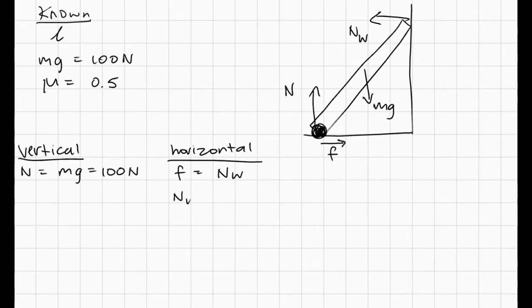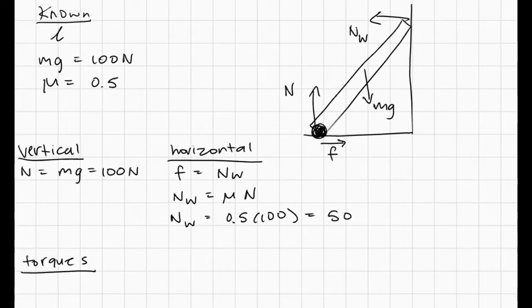So the normal force from the wall will be the coefficient of friction times the normal force, because that's how friction works. And this is 0.5 times 100, which is 50. So now that we have all of that, we can get started with our torques.